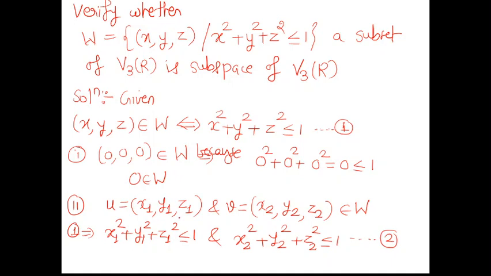Now what is our aim? Our aim, as per the second condition, is to show U plus V belongs to W. So let us first find out what U plus V is. It's the usual vector addition.